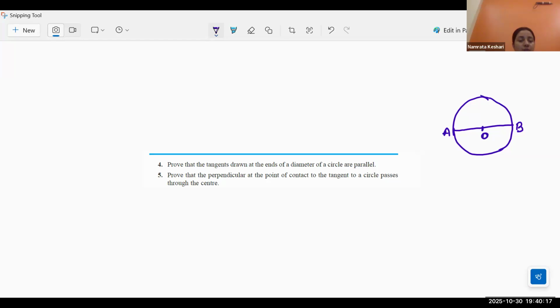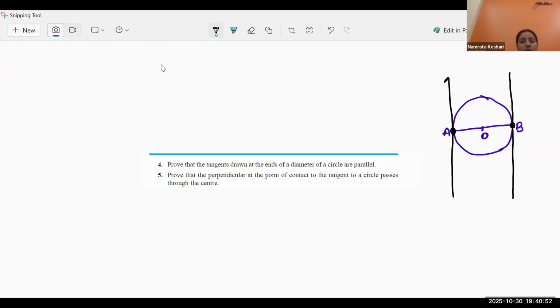Now the question says prove that tangents drawn at the ends of the diameter. The ends mean the end points of the diameter. One end point is A, another end point is B. You have to draw a tangent at point A, and a tangent at point B. You have to show that these two lines are parallel to each other.